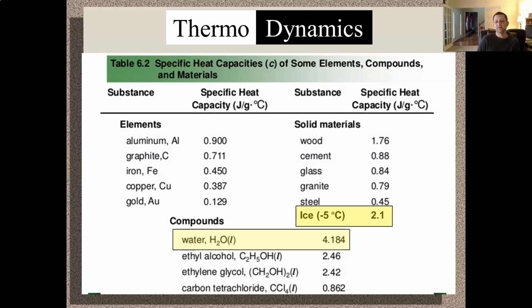So it's interesting that both of these are water, but water in the liquid form versus the ice form has a different specific heat. The reason this difference occurs is because water in the liquid form has more movement, right? The particles are moving around freely over one another, and with ice they're not. So if you're heating up some ice, it doesn't take as much energy to heat up ice by 1 degree because the particles are relatively stagnant.